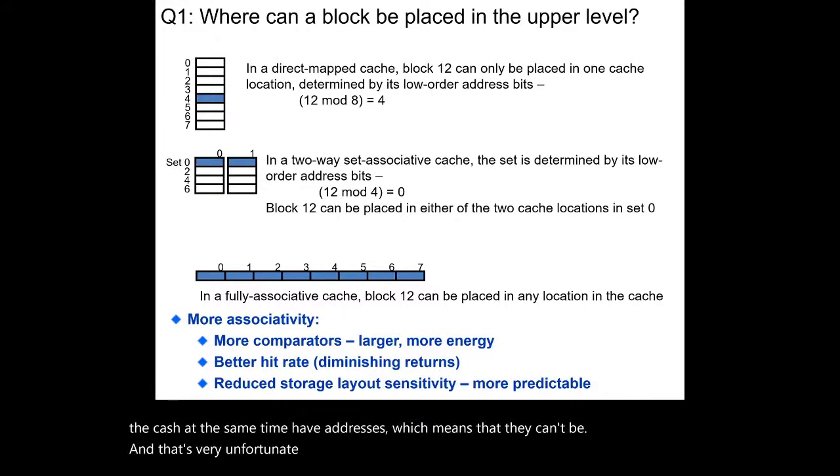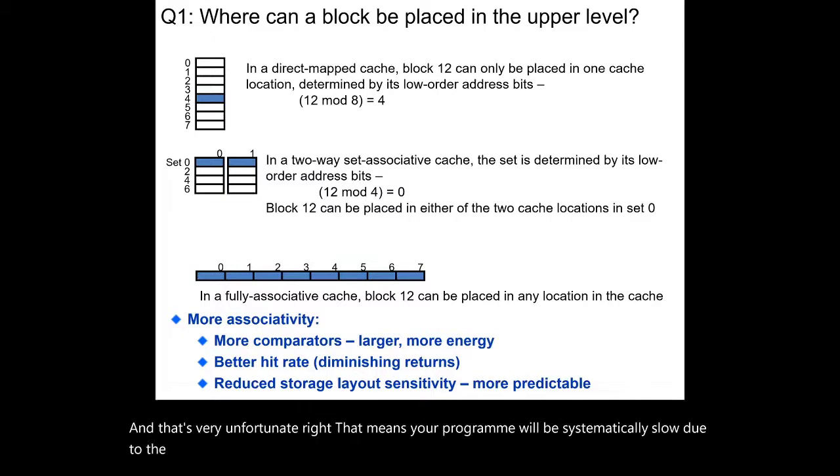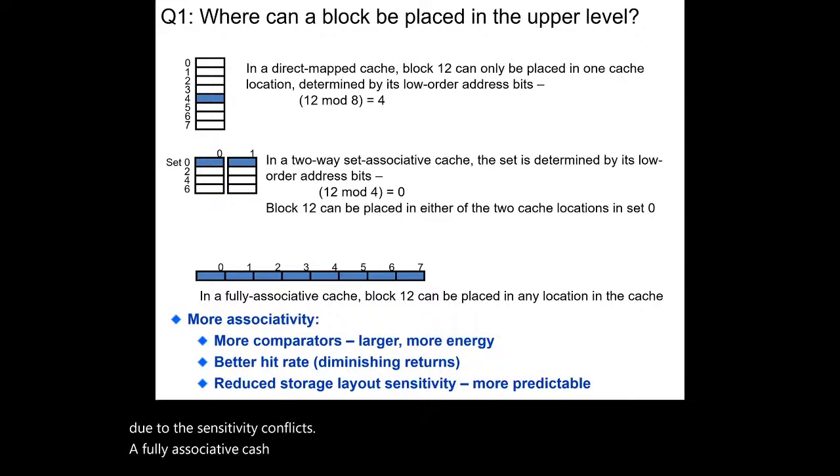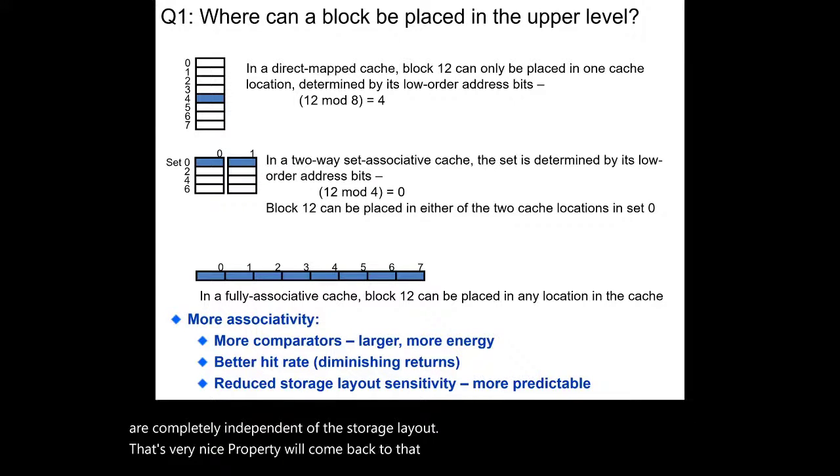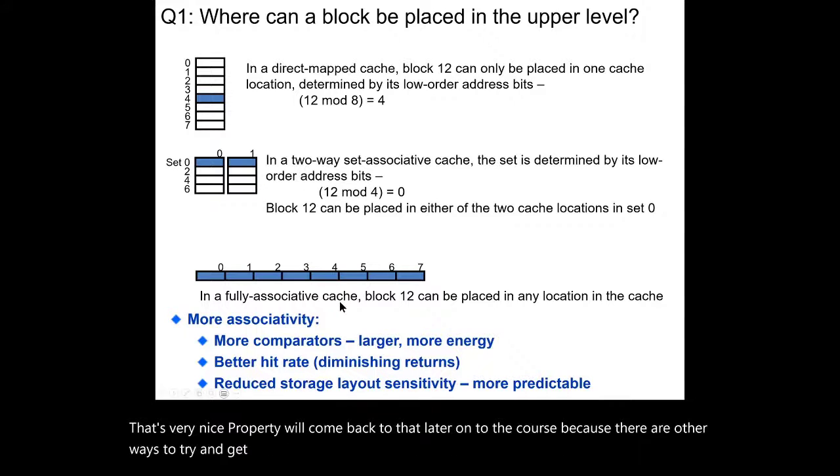That means your program will be systematically slow due to associativity conflicts. A fully associative cache has no such problem. The cache hits that you get are completely independent of the storage layout. And that's a very nice property. We'll come back to that later on too, of course, because there are other ways to try and get that property too.